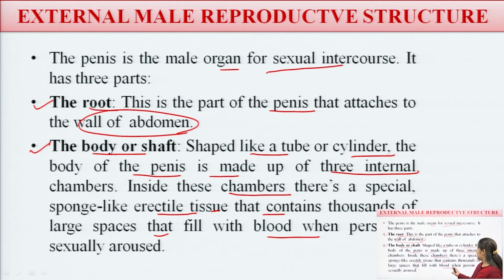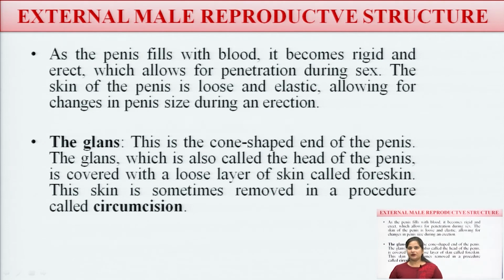when the person is sexually aroused. As the penis fills with blood, it becomes rigid and erect, which allows penetration during intercourse. The skin of the penis is loose and elastic, allowing changes in penis size during erection.